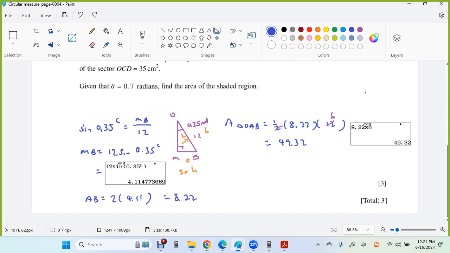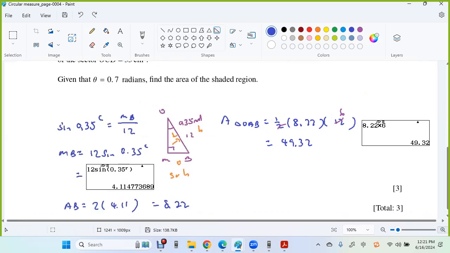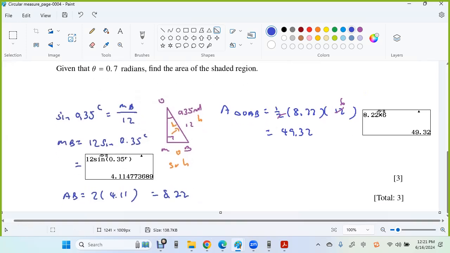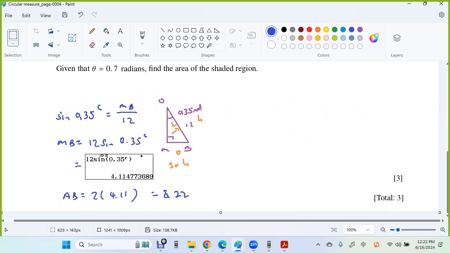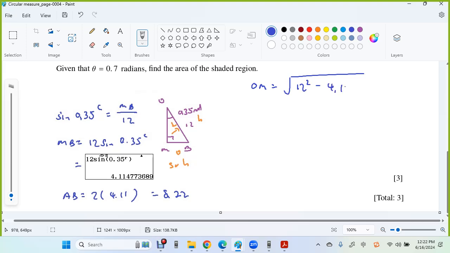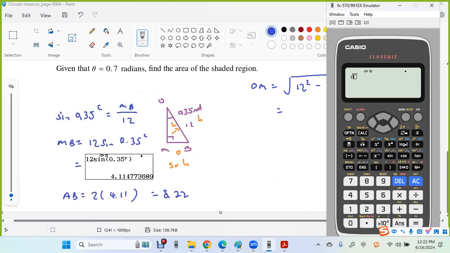So for OM here, we can use the Pythagoras theorem to find it. So this one is wrong. OM is the square root of 12 squared minus 4.11 squared.